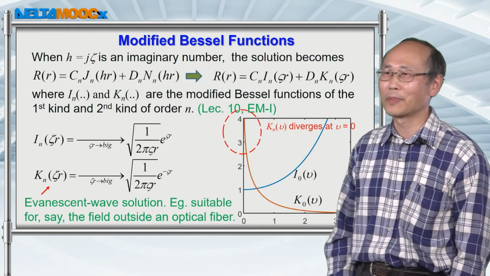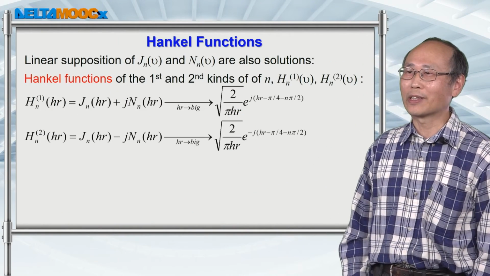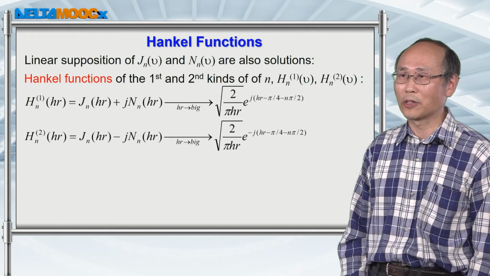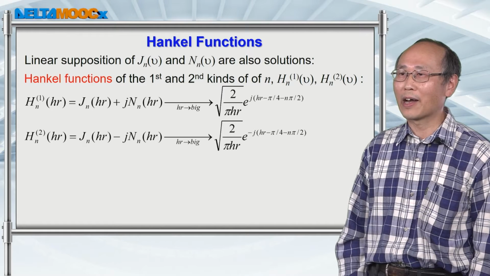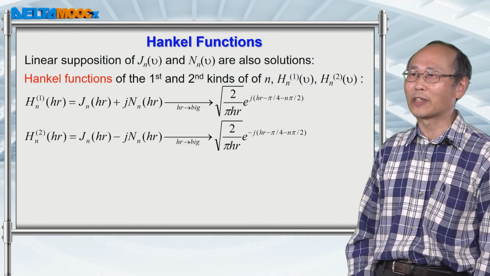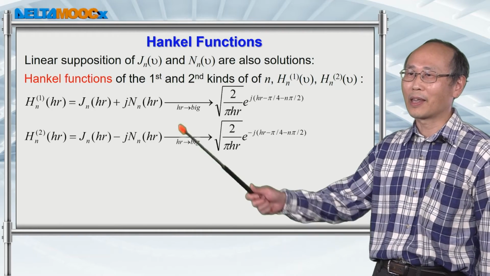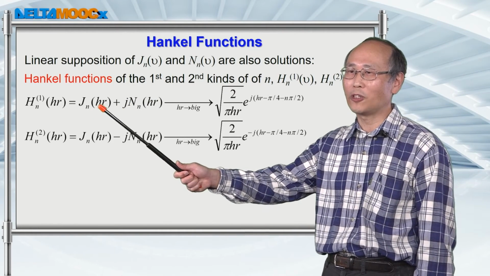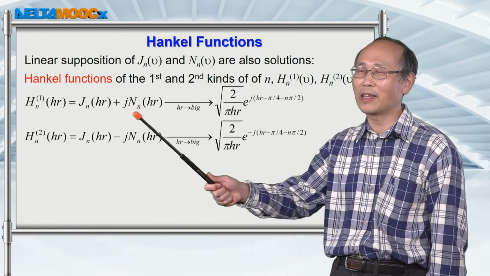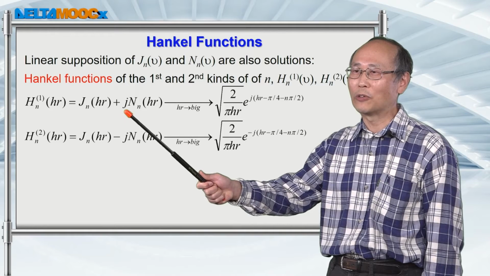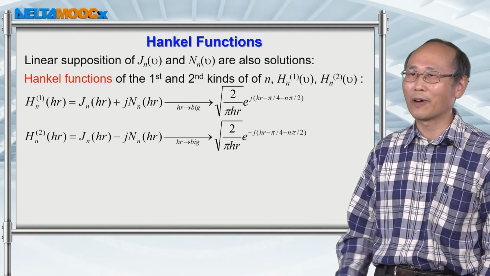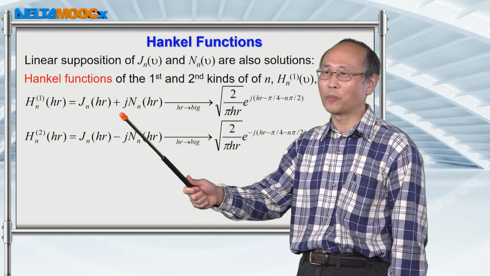And in some situations, you have a radiation wave outside a cylindrical structure. So we still need to find a proper solution to describe the field radiating away from the cylindrical structure. If you do a superposition of the Bessel functions J and N and put an imaginary unit before it, then you can construct a radiation wave from such a superposition.